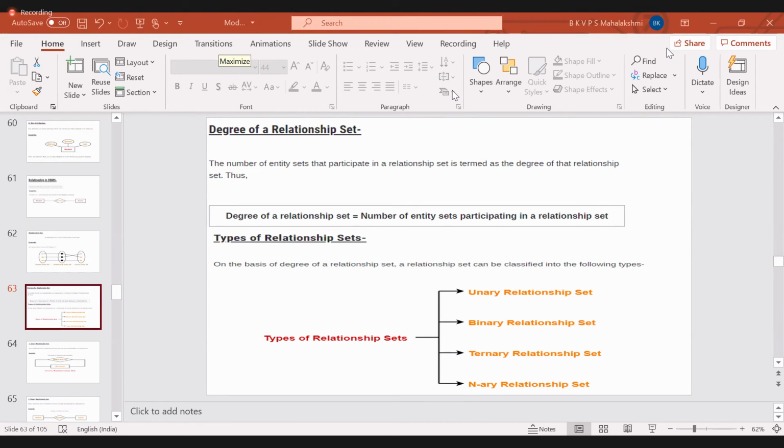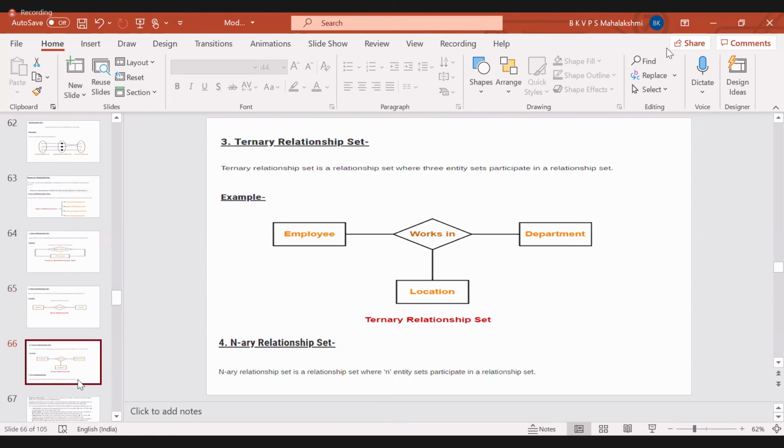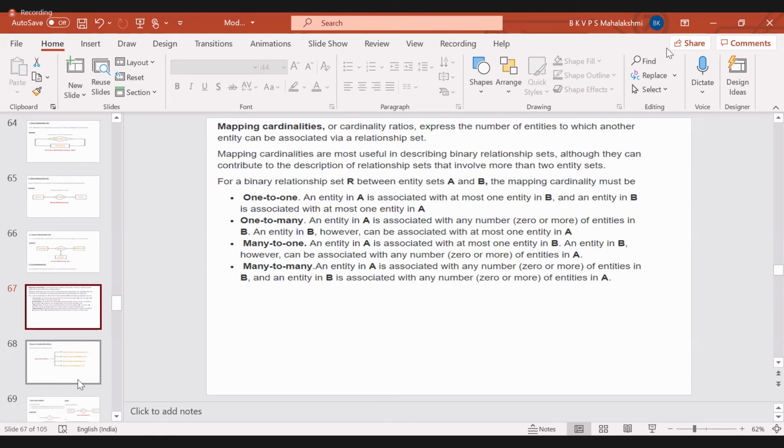Next, we'll go with the next concept, that is mapping cardinalities in the third chapter. Everything else we covered. Suppose, imagine that you have taken one application, the university database. Suppose there are two entities like student and course.